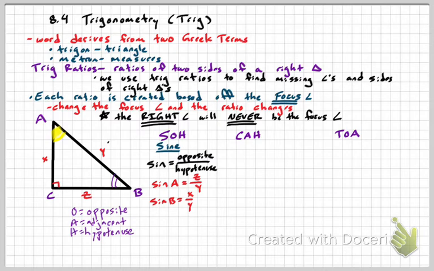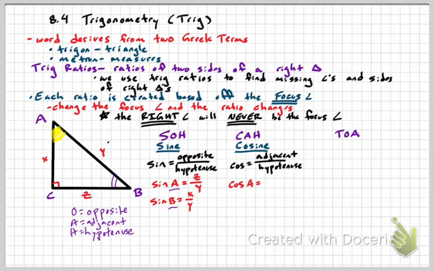Z and X switch based off which angle we are focusing on. Again, the letters A and B are placeholders right now for actual numerical angle measures. Cosine. Looking at our acronym, CAH, that means that cosine would be adjacent over hypotenuse. Okay? So now we're going to focus back to angle A.